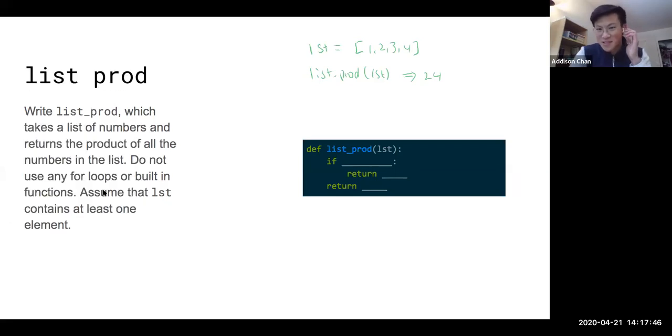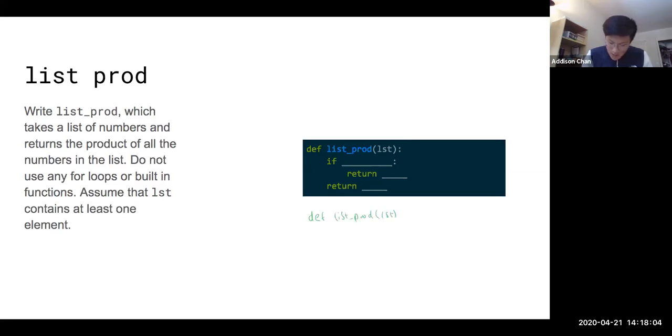All right, so we're just gonna go ahead and go over the solution. When looking at this problem, it might be pretty tempting to write an iterative solution. An iterative solution might look something like this. List prod of list, and we might have total equal to 1.